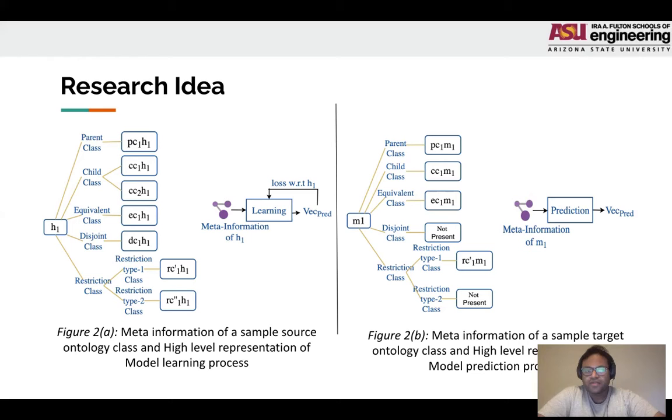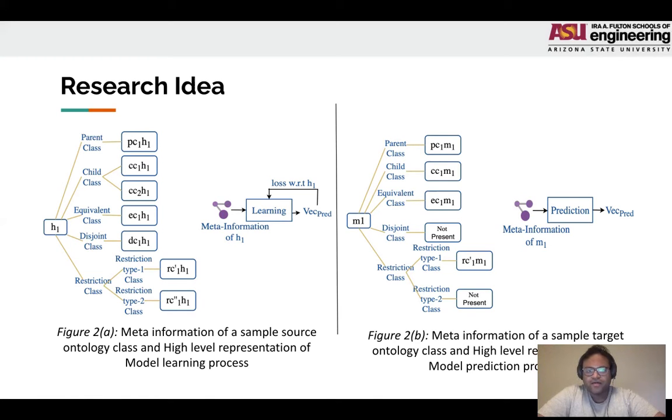On the right side, we have another class, M1, which is from the mouse ontology. It also has parent class, child class, equivalent class, and all that meta information. It is not necessary that they have all the information; it can be there or not. The main idea is that we train our recursive neural model only on the human ontology and save the information.